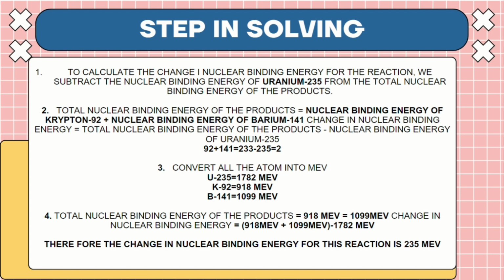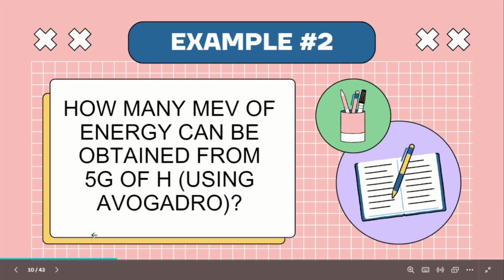Step 4: The total nuclear binding energy of the products is 918 MeV plus 1,099 MeV. The change in nuclear binding energy is equal to 918 MeV plus 1,099 MeV minus 1,782 MeV. Therefore, the total change in nuclear binding energy for this reaction is 235 MeV.